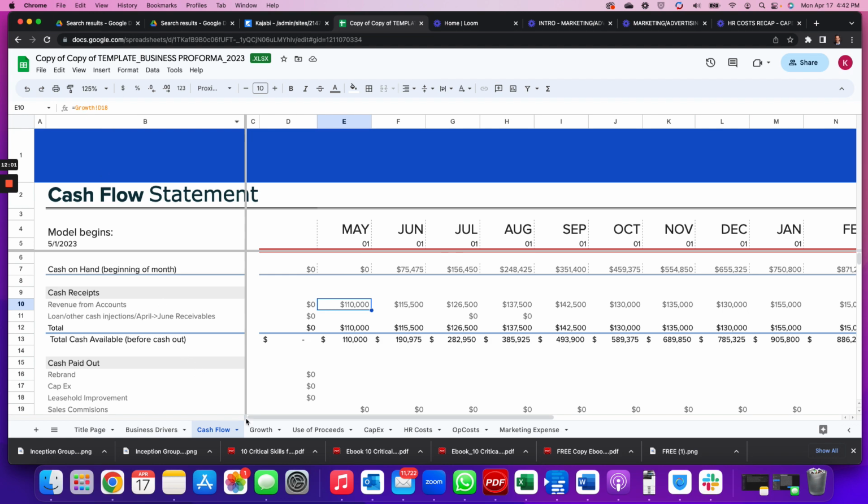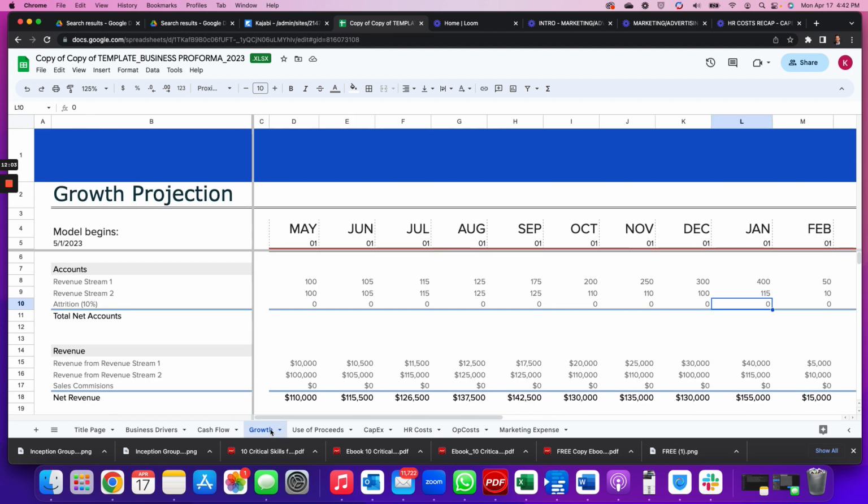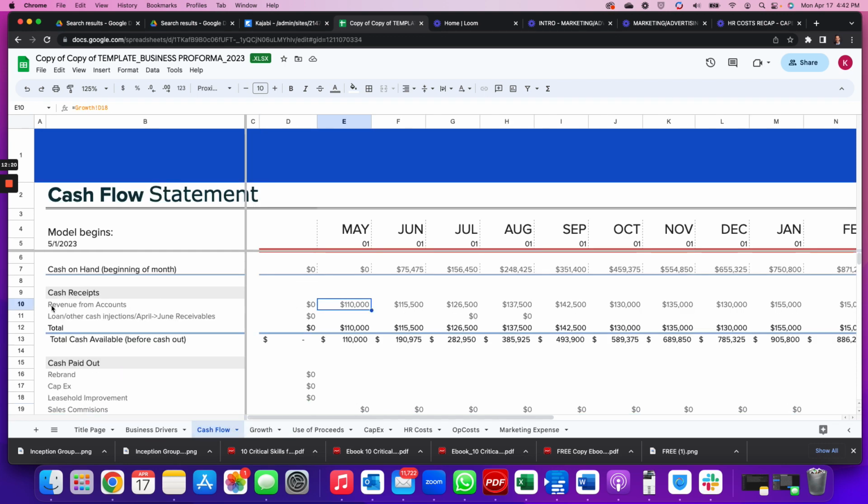We got that from the growth tab at cell D18. As you recall, I highlighted the net revenue from each of our revenue streams. Our net revenues here. And then you can see in the cash flow tab, revenue from accounts. There it is right there.